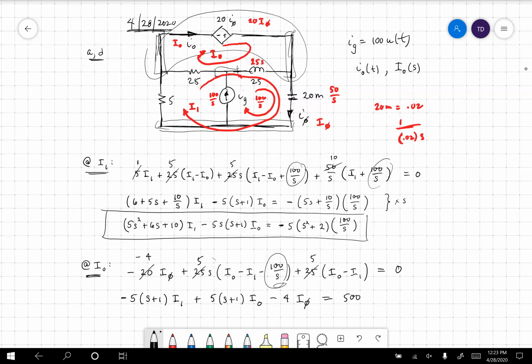Okay, so now we need our constraint equation. We have not written the constraint equation, so let's come up top here. Let's write our constraint equation. The constraint equation is for I phi. Go in the circuit, find it. Here it is, found it. I phi is equal to I1 plus 100 over S. Bummer. Okay, so we're going to put that in for I phi.